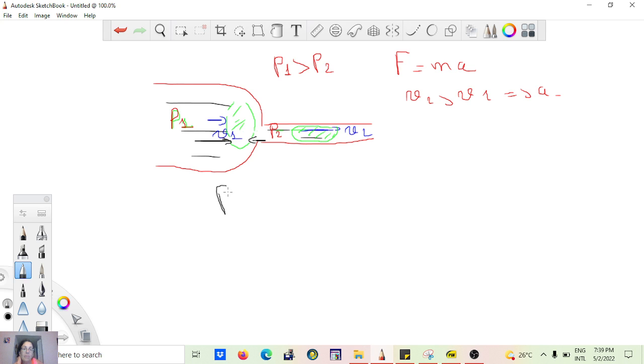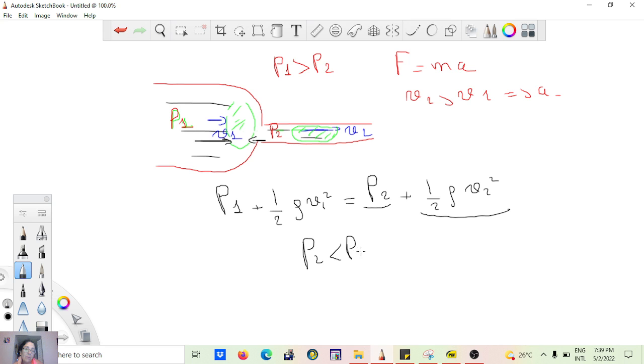So remember the conservation of energy: P1 plus 1/2 rho V1 squared equals P2 plus 1/2 rho V2 squared. If you have a gain in kinetic energy, it has to be at the expense of P2, so P2 is smaller than P1.